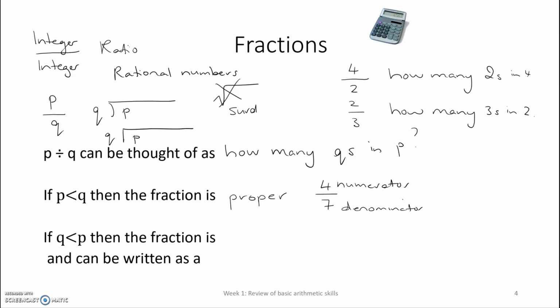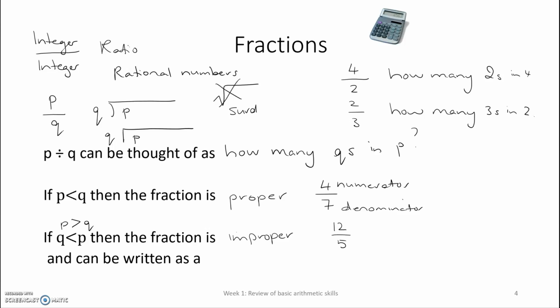If Q is less than P, if P is greater than Q, which is the same thing, then the fraction is improper. For example, 12 over 5. That's improper.